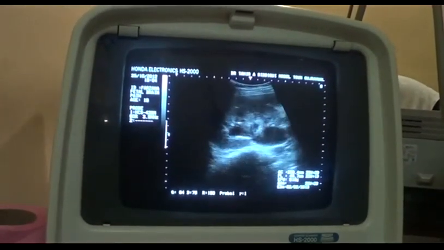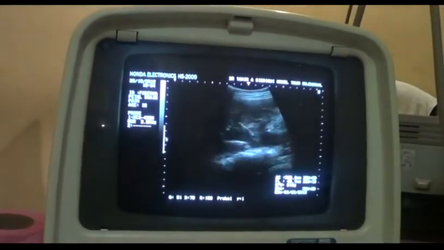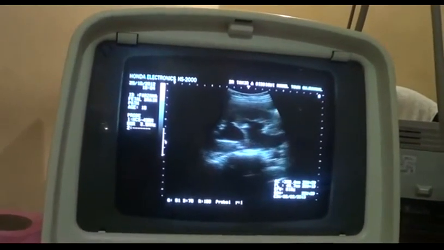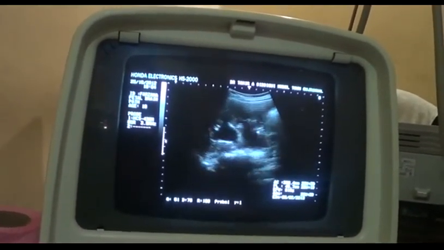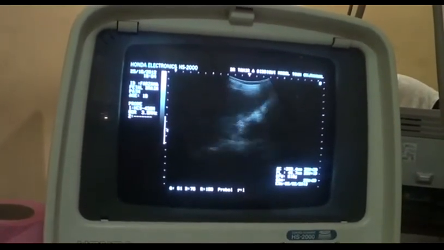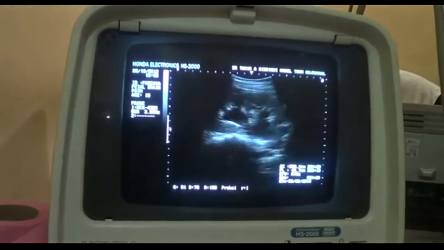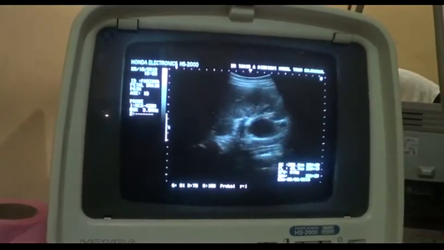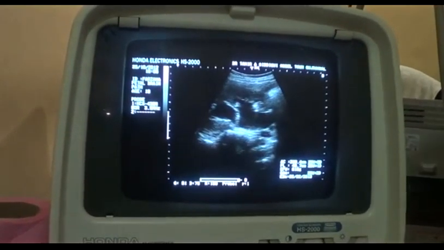Now this is the right kidney. The right kidney is normal. You can see the corticomedullary differentiation is intact. Now there is minimal to moderate degree of caliectasis at all levels, with dilation of the proximal ureter, and presently this is disturbing her more than anything else.